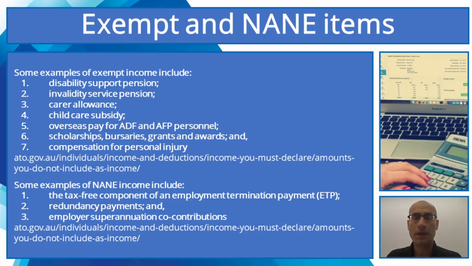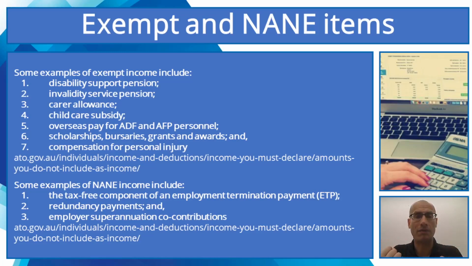So the distinction between exempt income and non-assessable, non-exempt income is that non-assessable, non-exempt income doesn't impact or affect things like carried forward losses. For both of these types of income, you have to report them in your tax return, but in many situations, they're functionally the same.